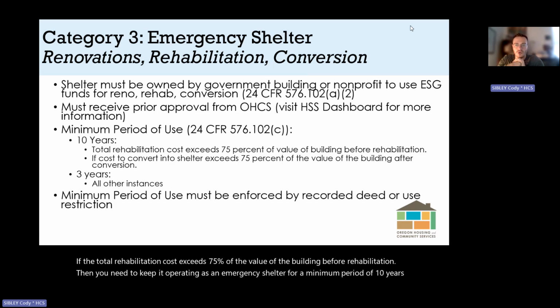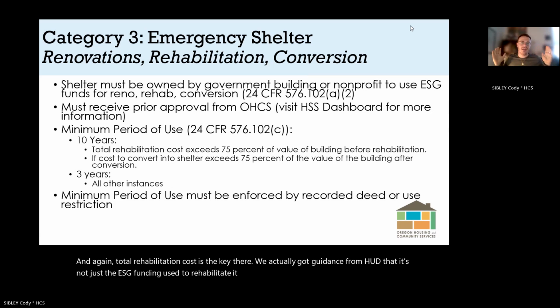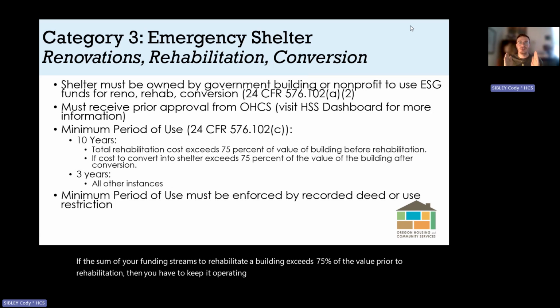And again, total rehabilitation cost is the key there. We actually got guidance from HUD that it's not just the ESG funding used to rehabilitate. If the sum of your funding streams to rehabilitate a building exceeds 75% of the value prior to rehabilitation, then you have to keep it operating as an emergency shelter for 10 years.